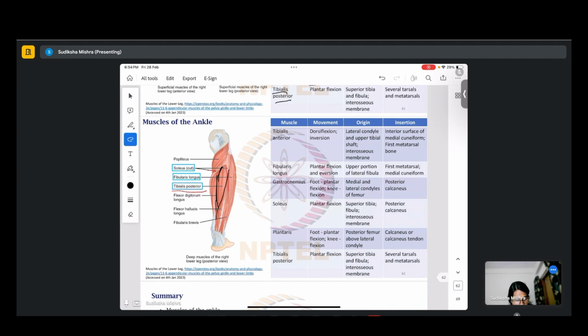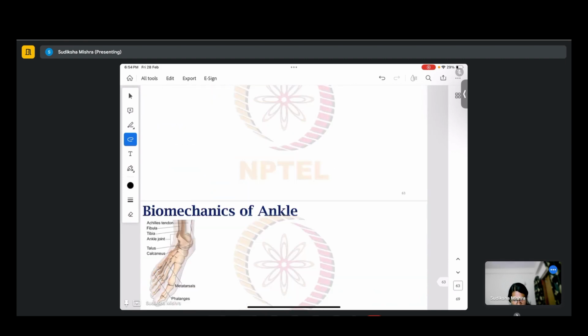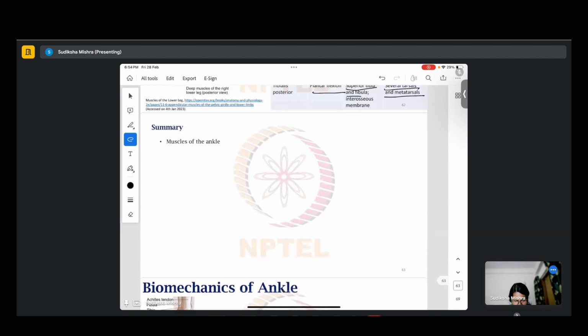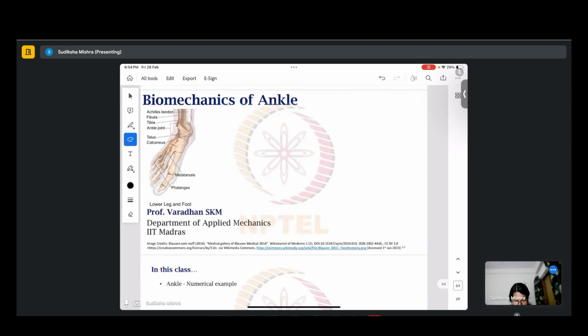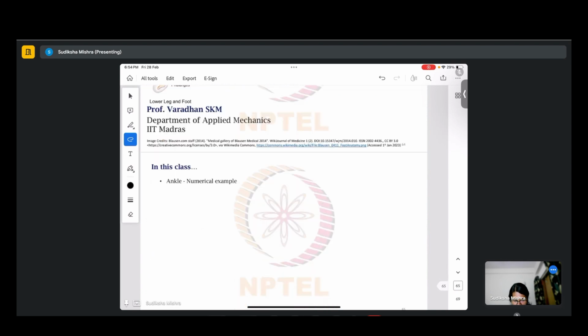Okay, it is responsible for plantar flexion, and it originates in the superior tibia and fibula. So basically in the upper part, somewhere near the knee. It inserts into several tarsals and metatarsals.